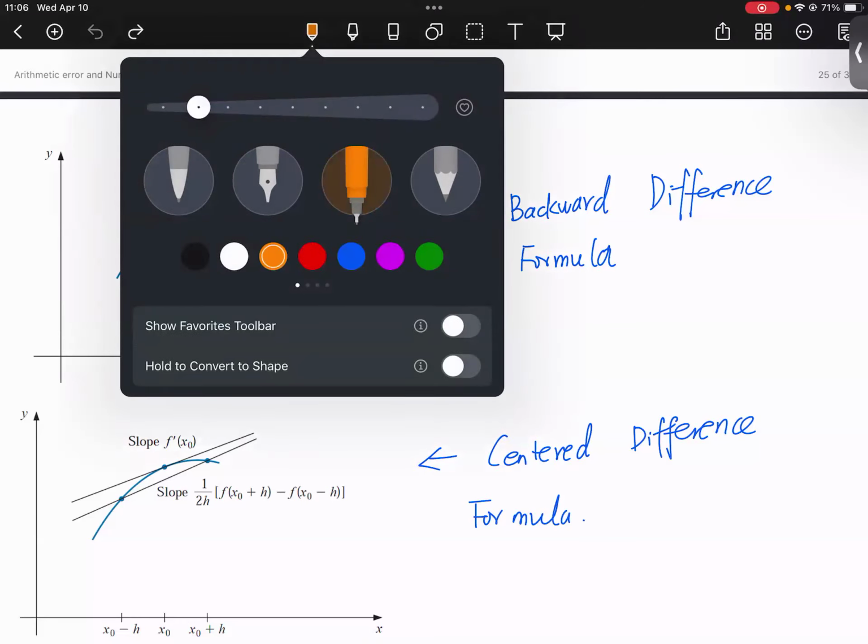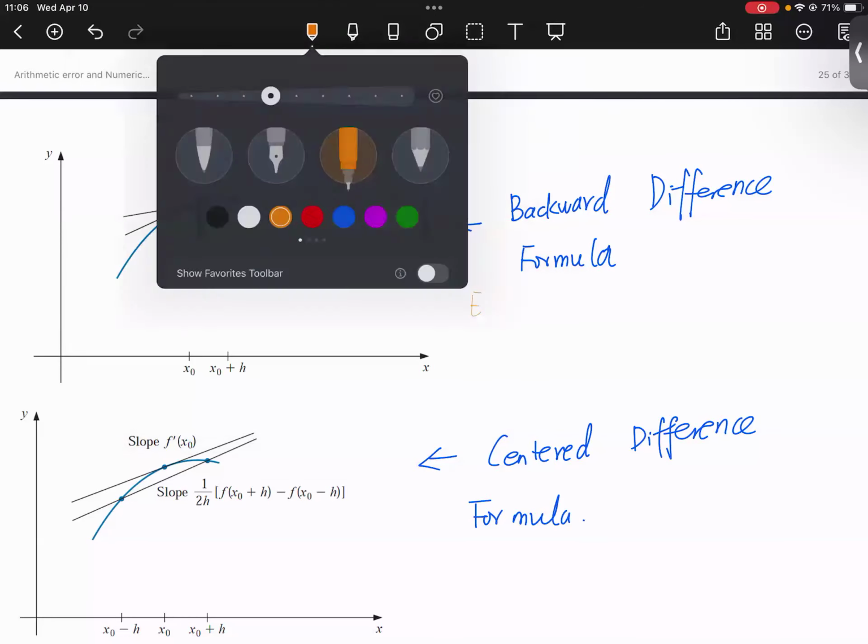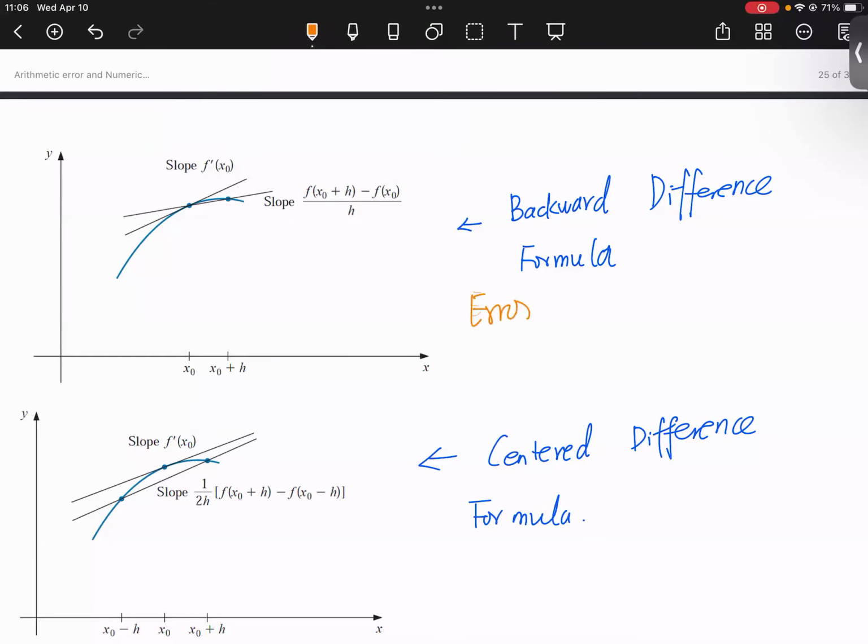The error term here is 1/2 f prime of ξ times h. And the error term for the center difference formula is -1/6 f third derivative of ξ times h squared.